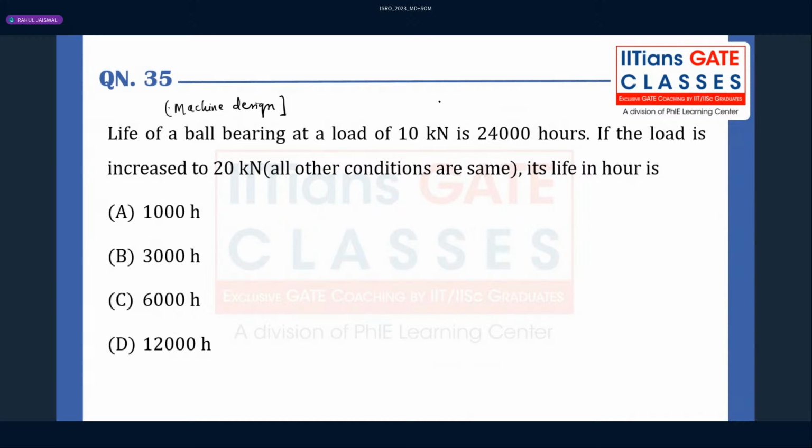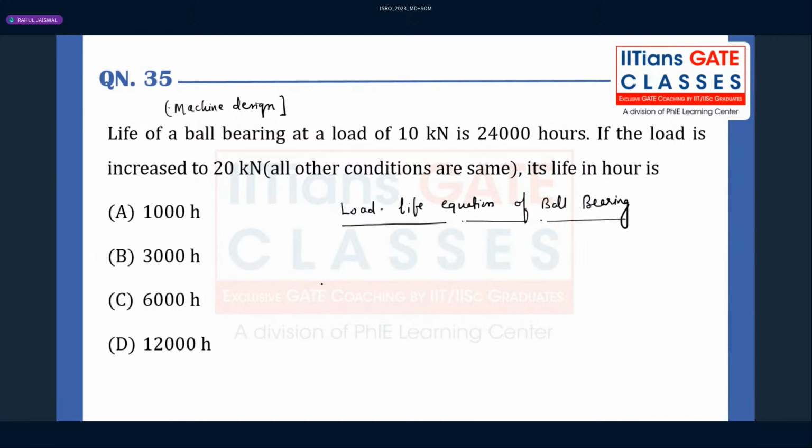Note down the load life equation of a ball bearing. What is the load life equation we have for ball bearings?